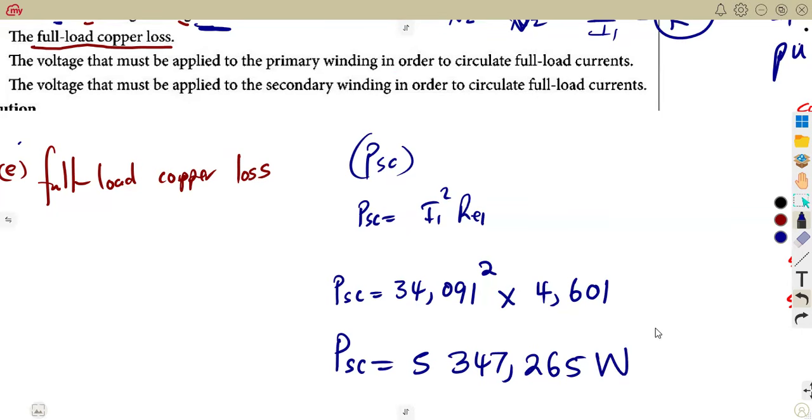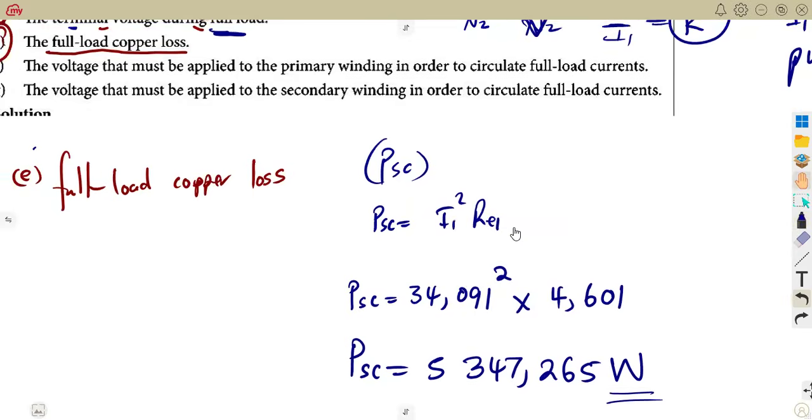We are referring to the power in watts. Full load copper loss, variable loss, short circuit power, one and the same.